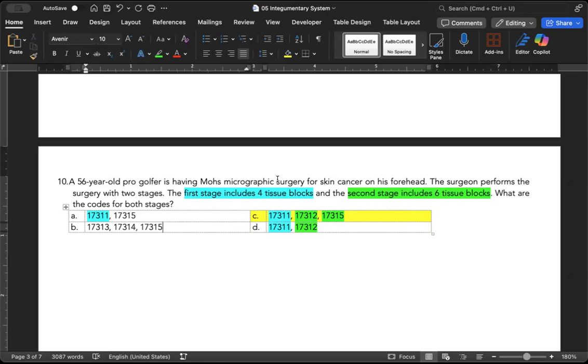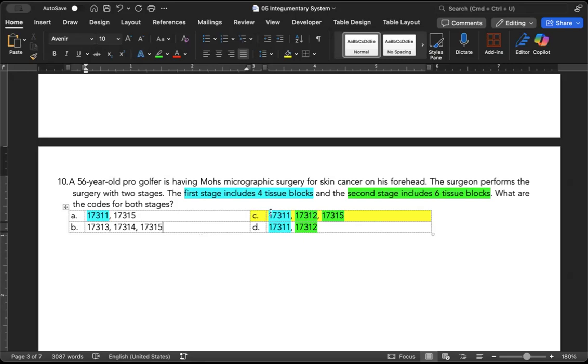So, the stages are going to be the pieces of tissue that come directly out of the patient. And then a block is going to be each time that stage is sliced and put underneath the microscope. So there's two separate components that you have to have with Mohs, stages and blocks.